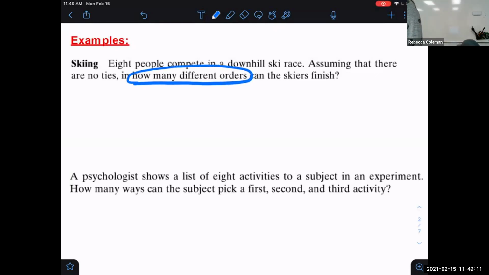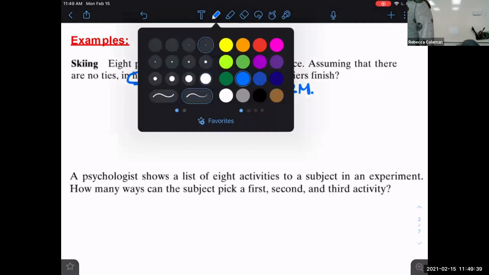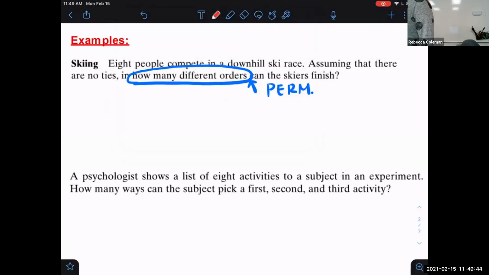Again, anytime I see that order, I want to think permutation. An ordered arrangement of objects is called a permutation of those objects, and that's exactly what we're trying to count here. My basic rule for counting the number of permutations, or ordered arrangements, says to start with your total number of objects, which we do for probability anyway.